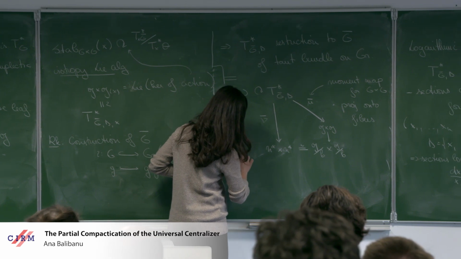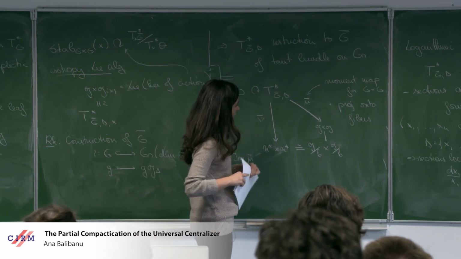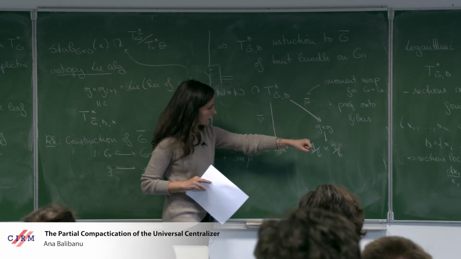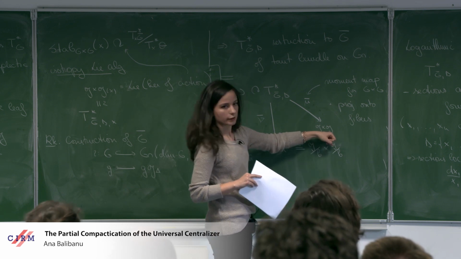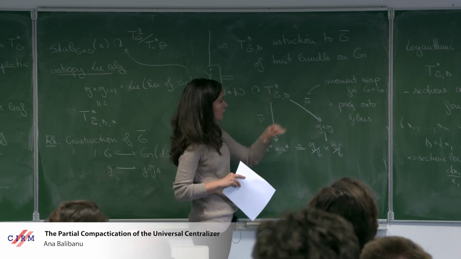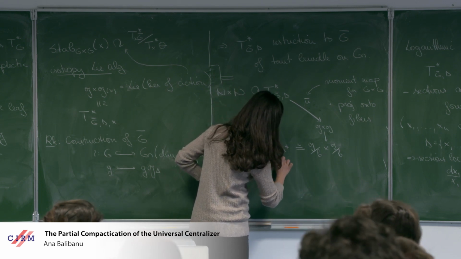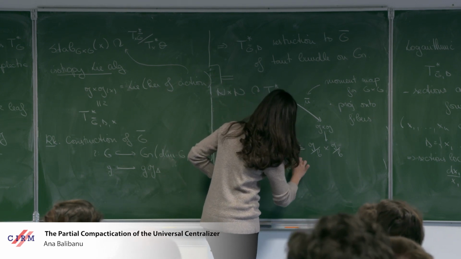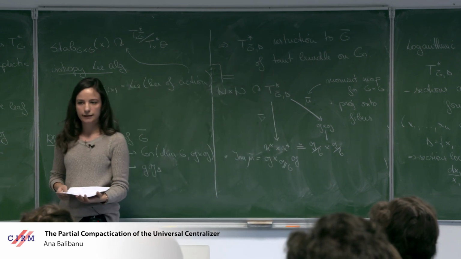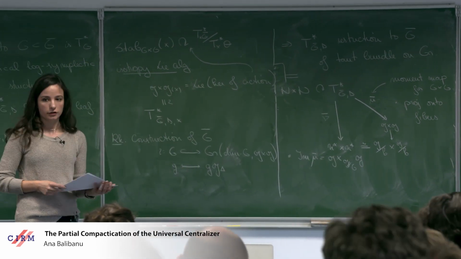And in fact, if you remember, the image of mu consisted of conjugate pairs in G cross G, but now mu bar is a proper map, and its image consists of pairs of elements in the Lie algebra that lie in the same orbit closure.